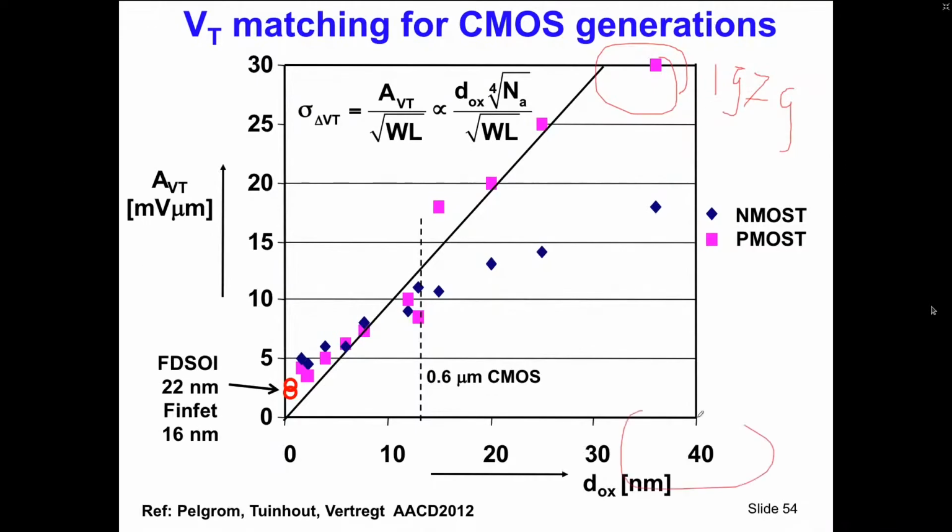Roughly 40 to 50 nanometer gate oxide thickness, and then roughly spoken, here you see the development of the parameter AVT over those processes, and you see that essentially this parameter goes nicely down, and over here are the FinFET devices. The problem, however, is that AVT is basically the value of a 1 micrometer square transistor, and that is the case for each of these transistors over here.